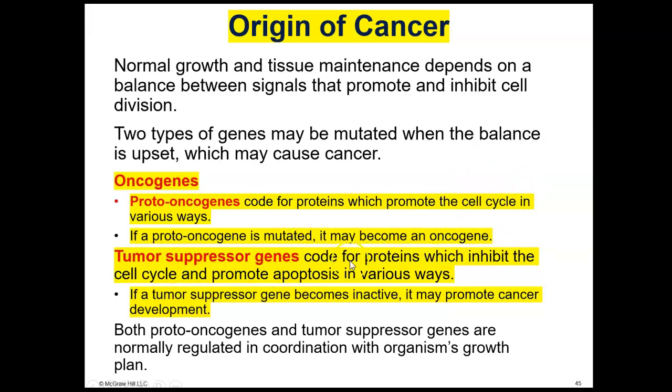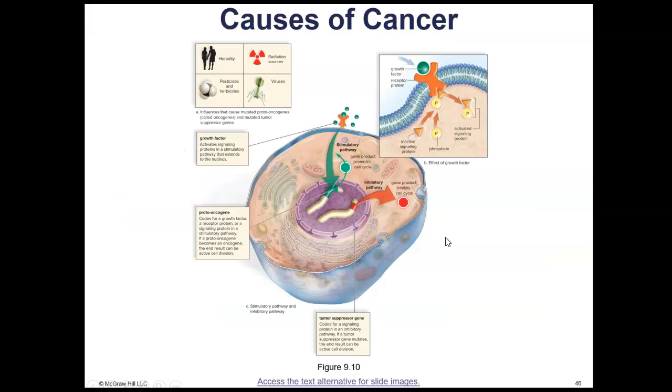Tumor suppressor genes code for proteins which inhibit the cell cycle and promote apoptosis. And they're good genes because they inhibit the cell cycle in abnormal cells. But if a tumor suppressor gene becomes inactive, cancer can develop. So cancer can develop from a mutated inactive tumor suppressor gene, or it can develop from mutated proto-oncogenes which have become oncogenes.